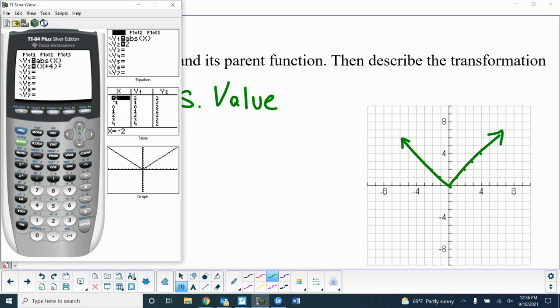So we go math, number, enter, X minus 2. So it's inside the parentheses, or inside the absolute value symbol. So which way do you think it's going to go? Liz? Right 2. Let's see if she's correct.